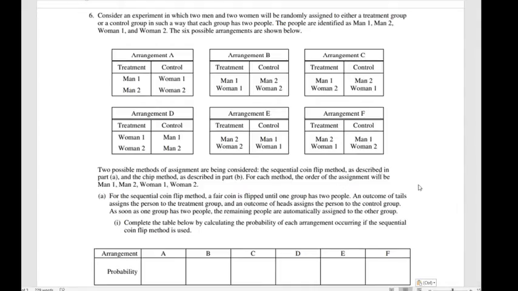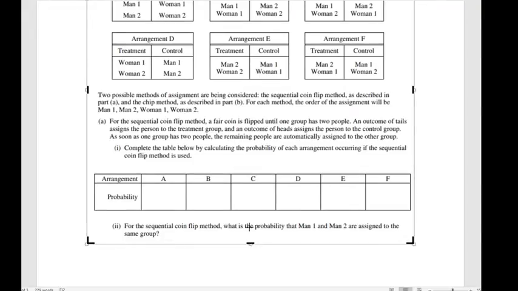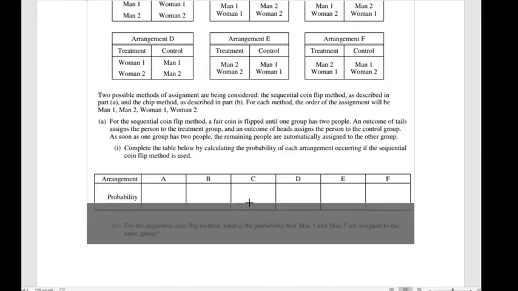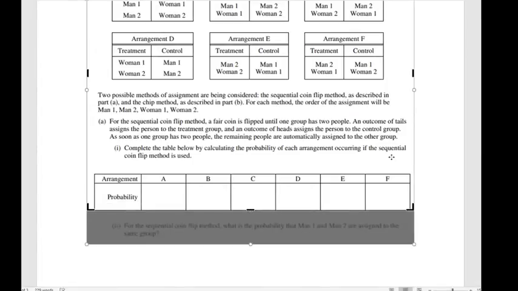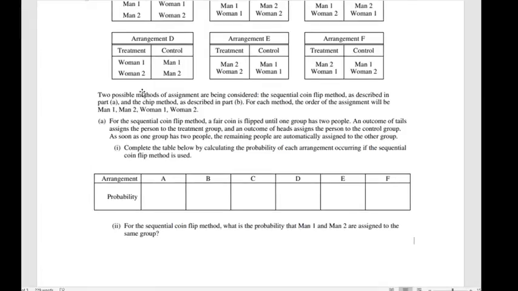All right. So part 1 has us looking at the sequential coin flip method, and I am going to go ahead and crop this a little bit. Alright.